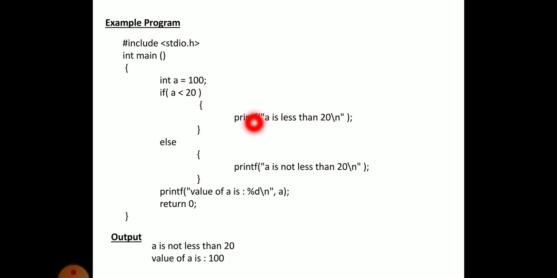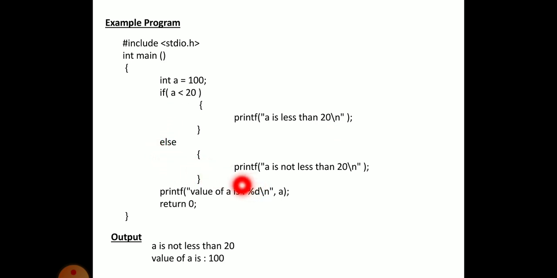That means this statement will not be executed and the flow of control is transferred to the else part. Because we have given 100 to a, this condition becomes false. When this condition is false, printf a is less than 20 will not be executed and the flow of control is transferred to the else part.